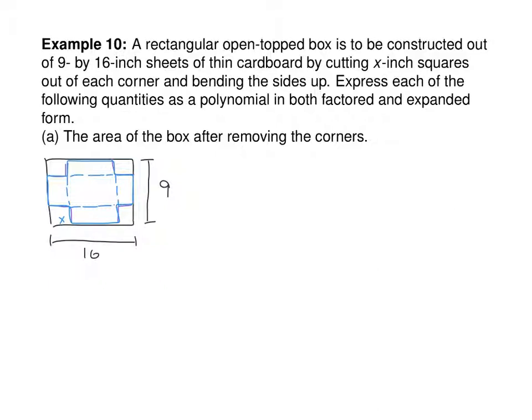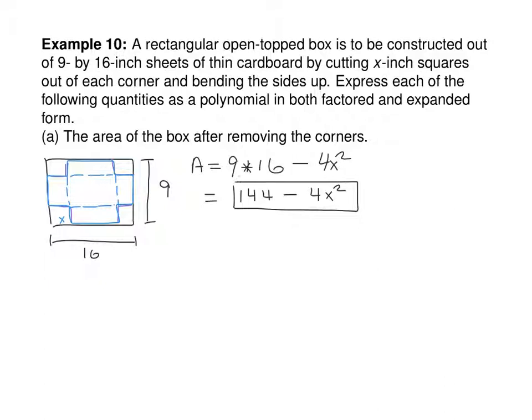And to find the area of the cardboard, you'll find the total area of the sheet, which is 9 times 16, minus, you've taken out 4 corners and each has area x squared. So minus 4x squared. So that's the same thing as 144 minus 4x squared. So that is the expanded form.